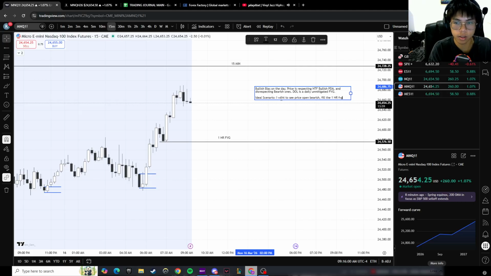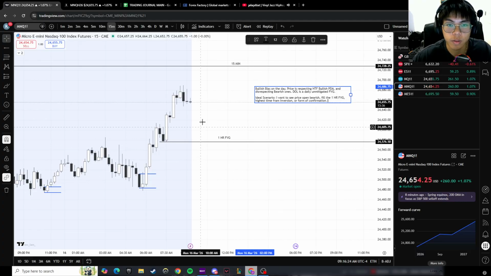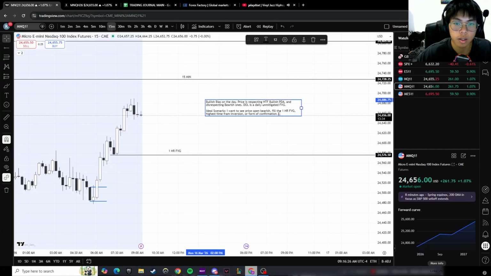It's my key level. We'll look for the highest time frame inversion or form of confirmation out of that manipulation leg down into this 1 hour fair value gap. TP will be at the 15-minute intermediate high.